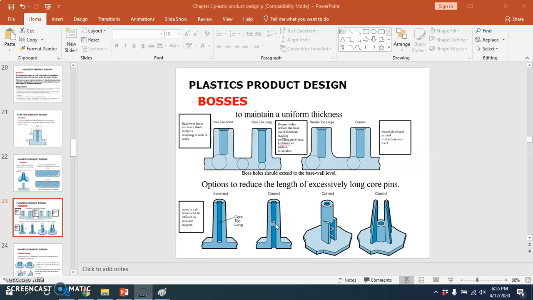Other alternatives include splitting long bosses into two shorter mating bosses, or repositioning the boss to a location where it can be shorter. Macam ni. Kita reposition bosses tu supaya dia jadi pendek sikit.